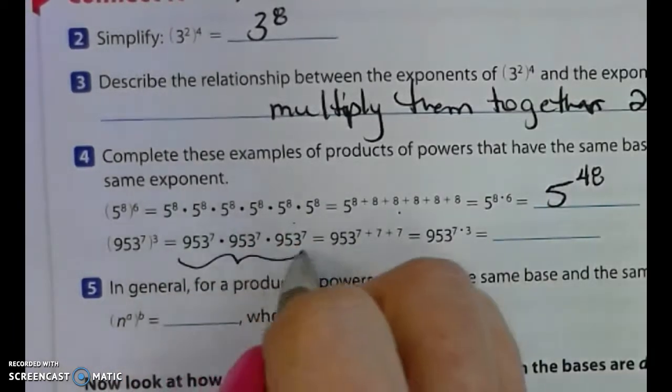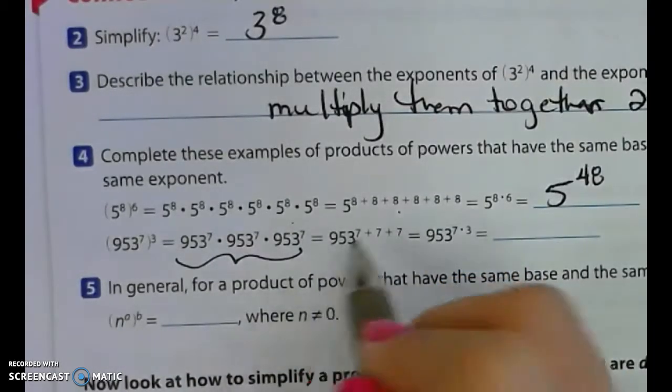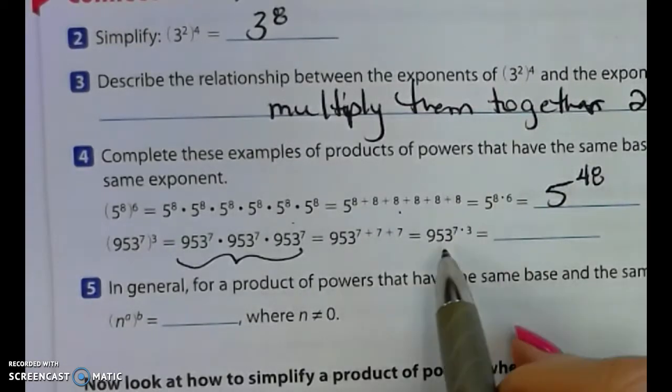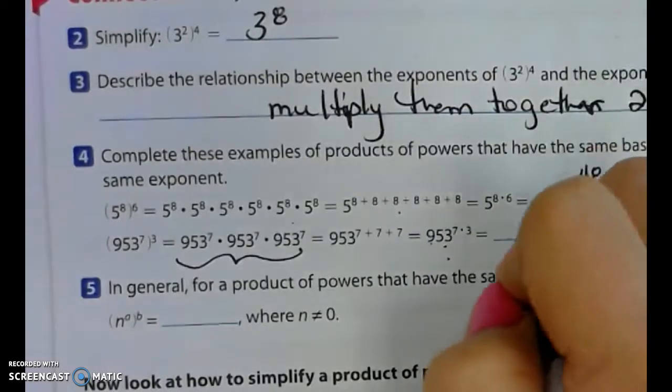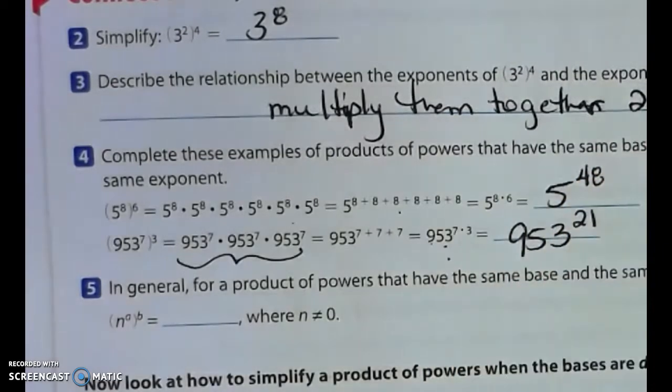You could expand and then use the product rule, or you could jump straight to the power rule. I cannot get those straight. 953 to the 7th times 3 is 953 to the 21.